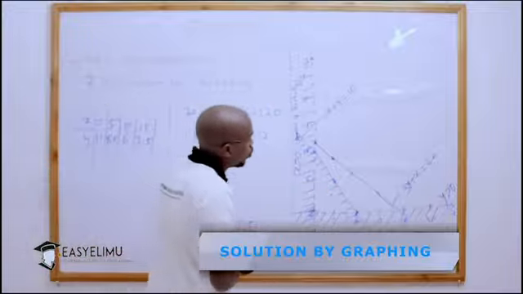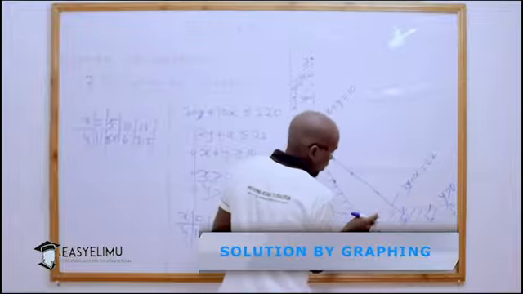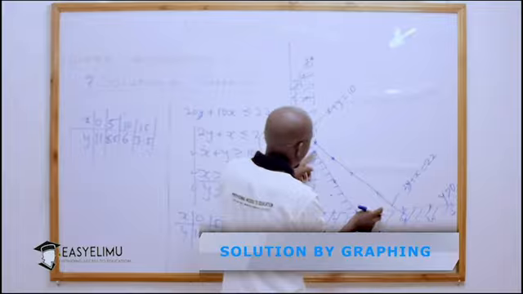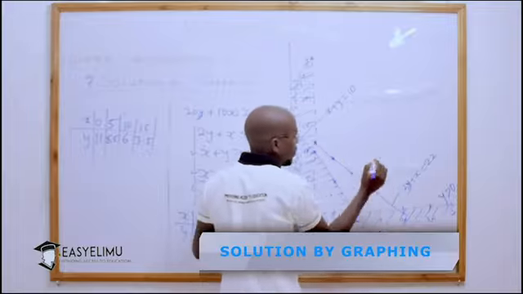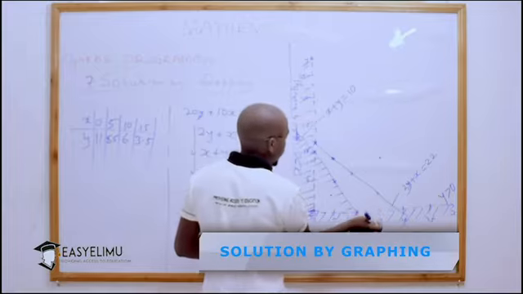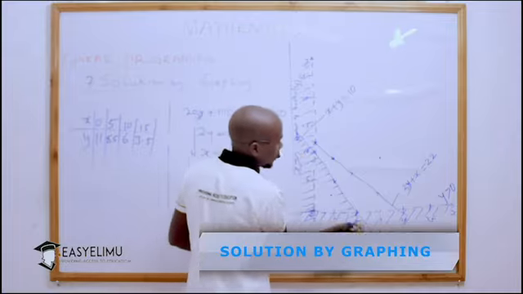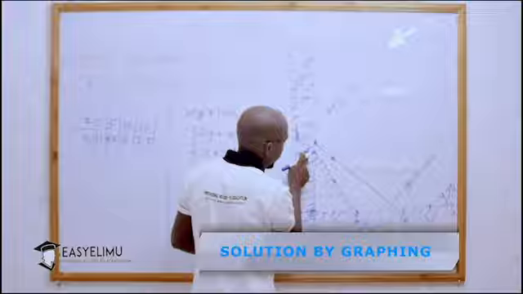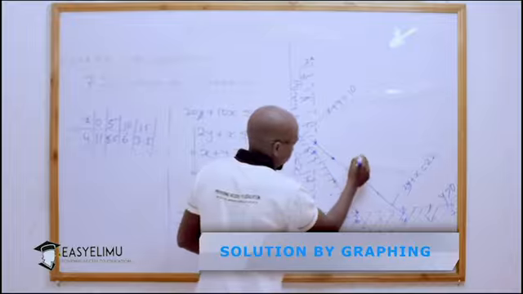What we will do, we shall select one of the points. Let's take a simpler point, x be 10 and y also be 10, so we find it at a point here.